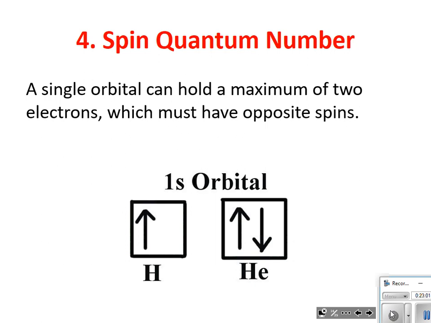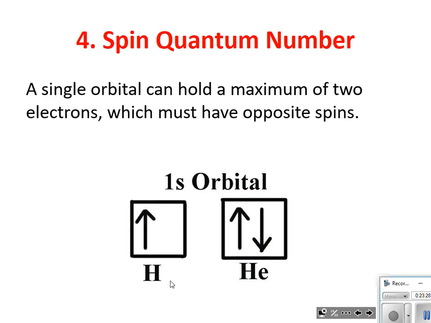This box right here is an orbital. Since I know that this is hydrogen, and hydrogen has only 1 proton and 1 electron, the arrow represents an electron.